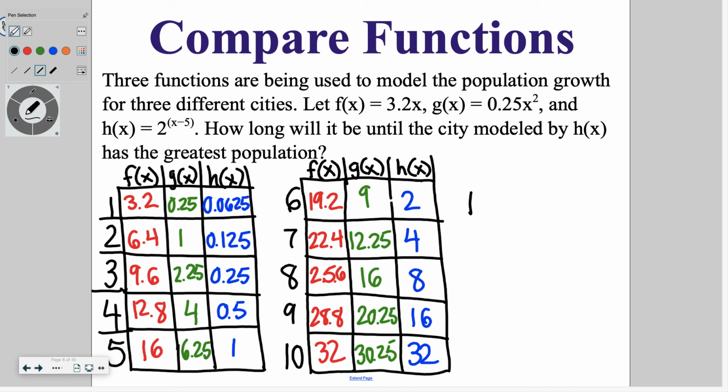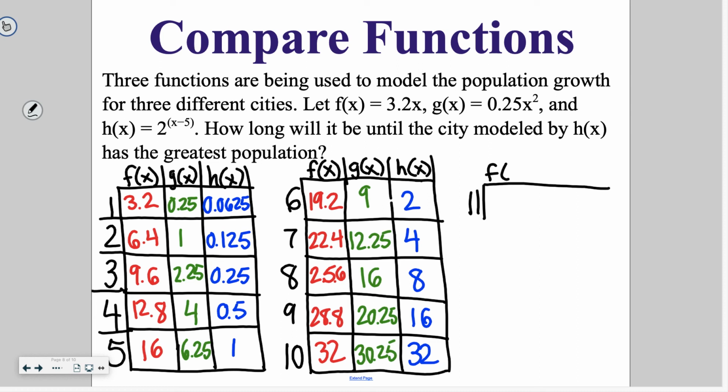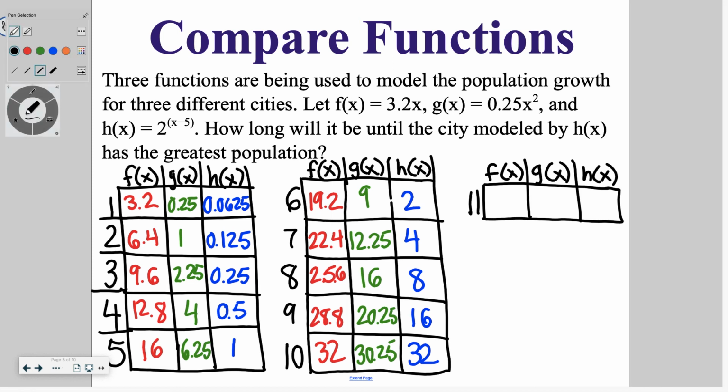So I'm going to go ahead and plug in 11 into each of the three functions. So f of x, g of x, and h of x, I need to plug 11 into all of those. When I plug 11 into f of x, I'm going to get an answer of 35.2.